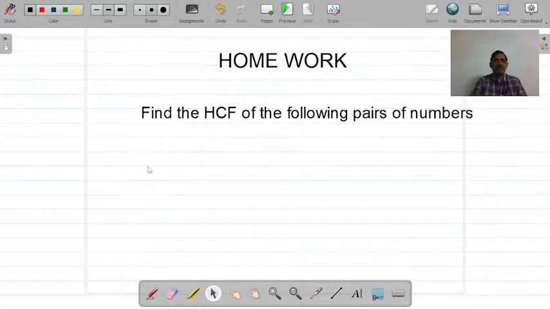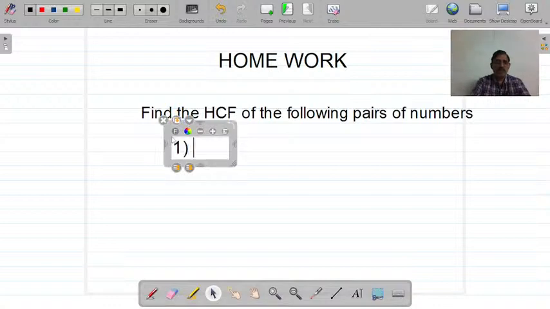Okay, now I am going to give you the pairs. First one, 24 and 36.